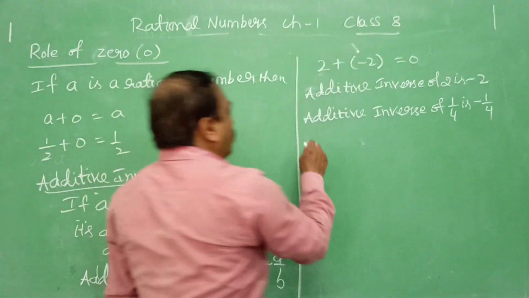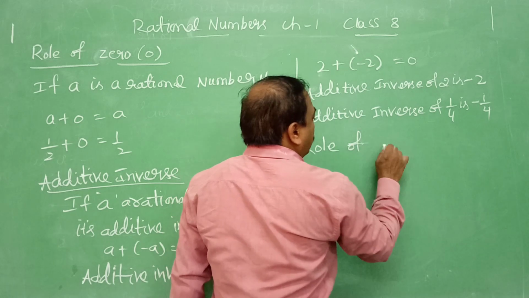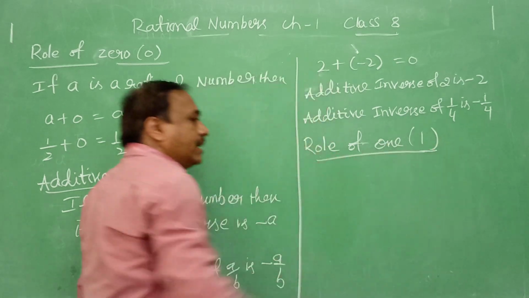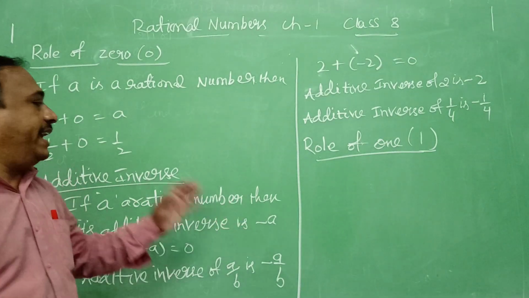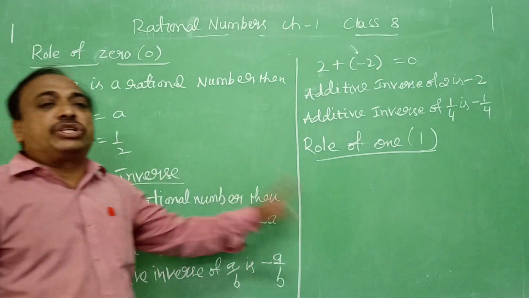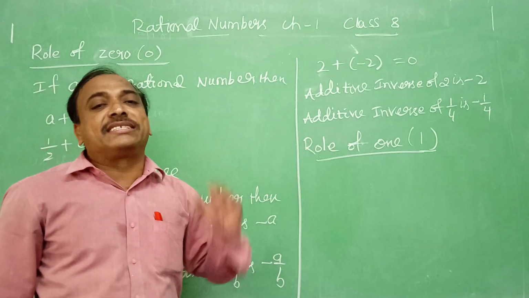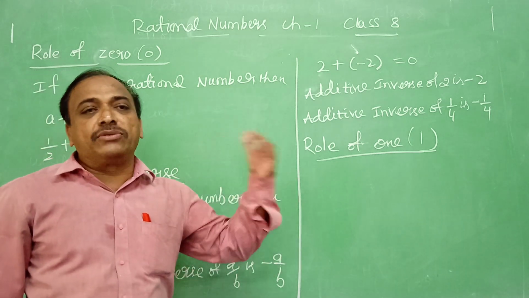Next, role of 1. Role of 1 means when you multiply with a rational number, or with a whole number or with an integer, the product remains the same number. It gives the same number.